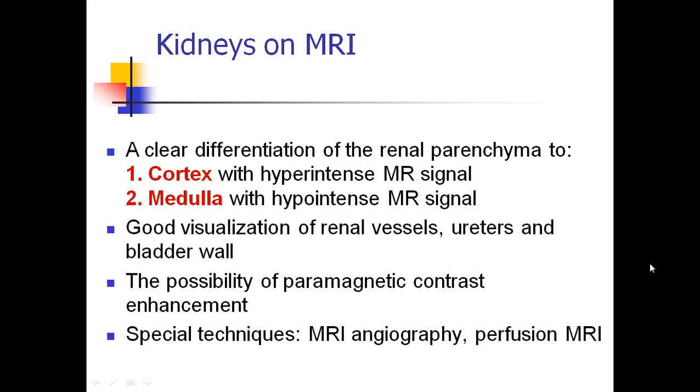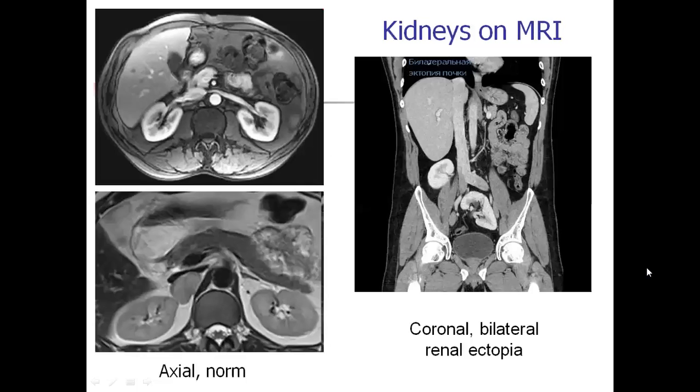MRI allows us to obtain good visualization of renal vessels, ureters, and bladder wall. It also gives the possibility of paramagnetic contrast enhancement, and special techniques such as magnetic resonance angiography and perfusion MRI are also very informative and very nice, I should say.